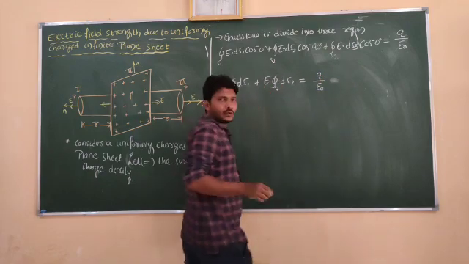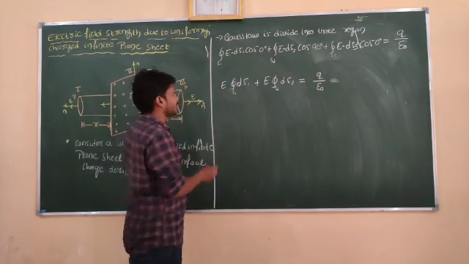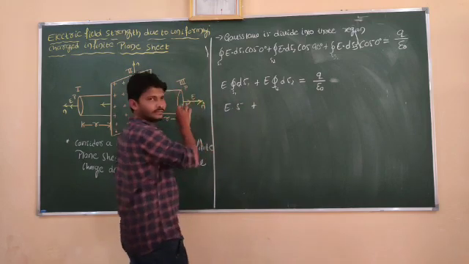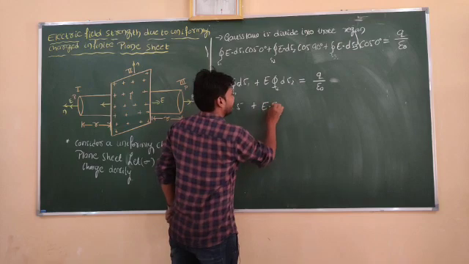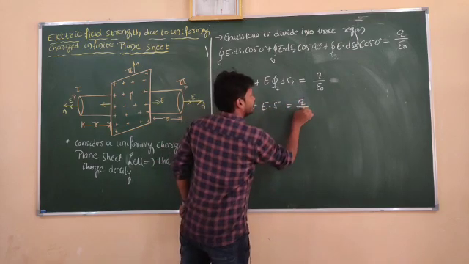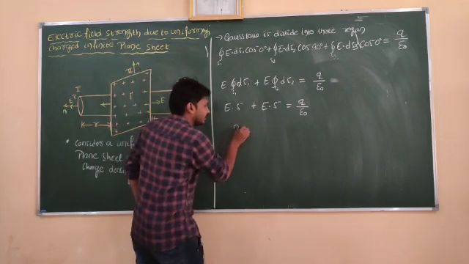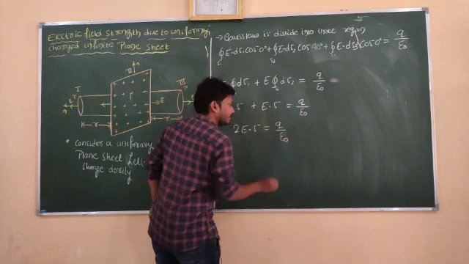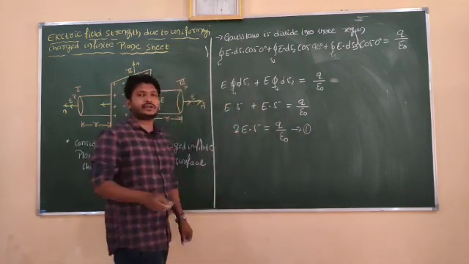So dS1 is nothing but dS, so E into S. S1 and S2 will give the same value. So E into S plus E into S is equal to Q by epsilon naught. Shall I take this as 2 times E into S, it is equal to Q by epsilon naught here. So let me take this as equation 1.